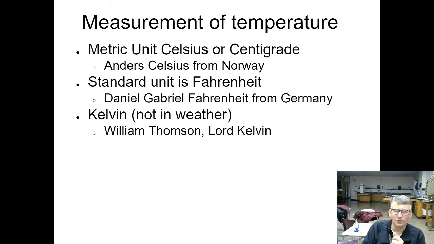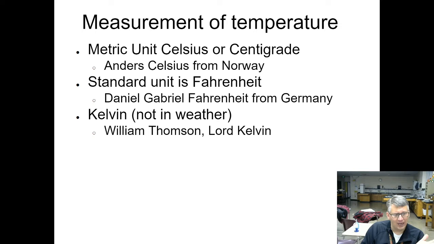Our standard unit is in Fahrenheit, comes from Daniel Fahrenheit from Germany, and his was a little different. His 0 was the coldest that he could get an object. Back in the day, the coldest that you could get something is if you took ice and added salt. If you took equal parts ice and equal parts salt, the salt lowers the freezing point so that you could get it colder.